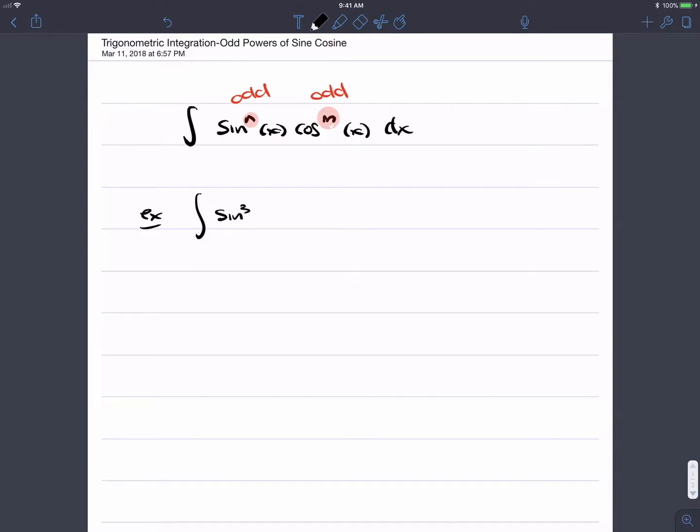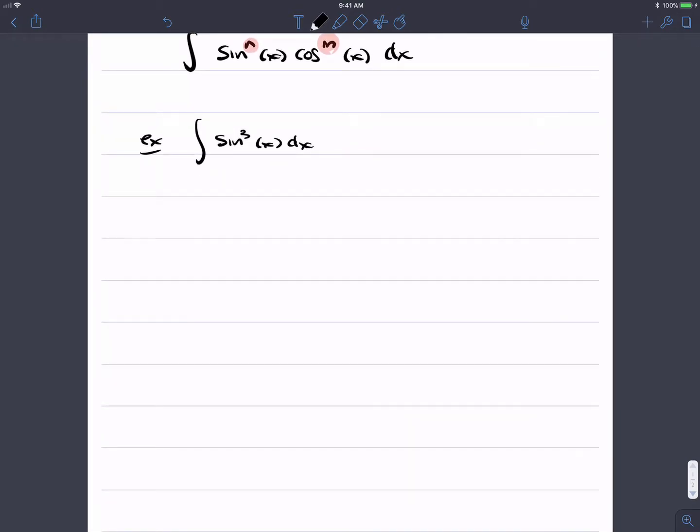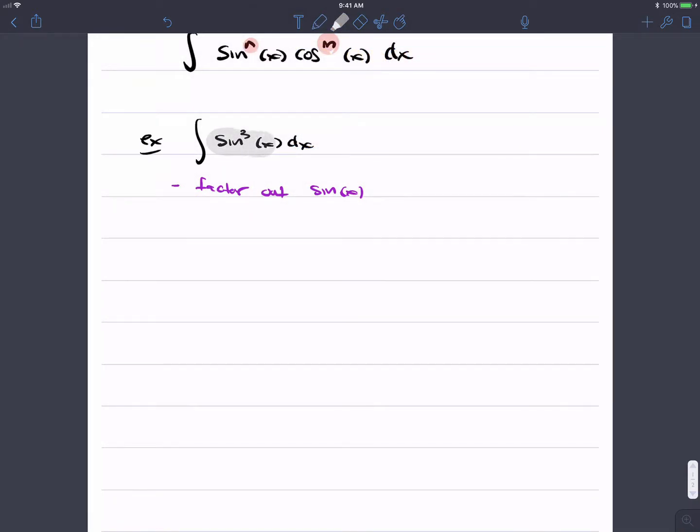If they give us sine cubed x dx, this is going to be our approach. We're going to factor out a single sine from our integrand, our function here. Okay, notice the power is odd.